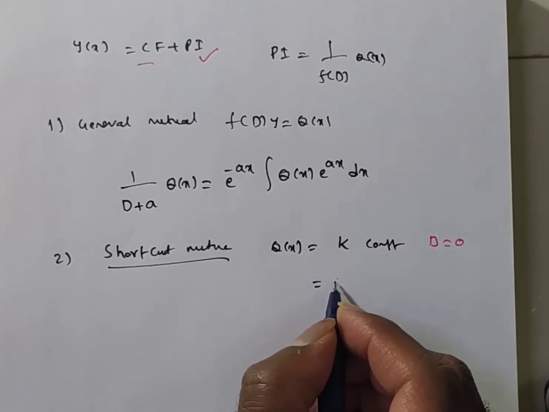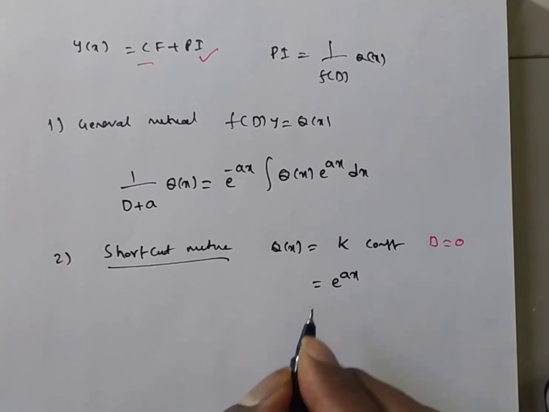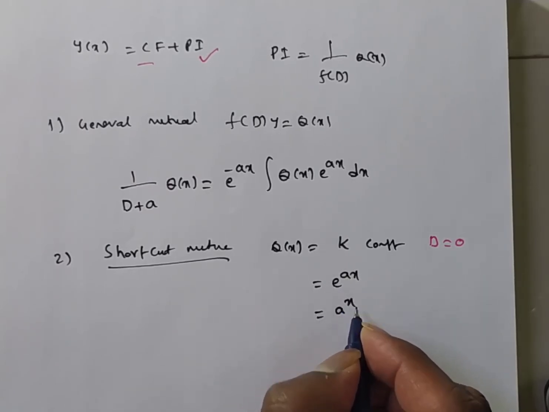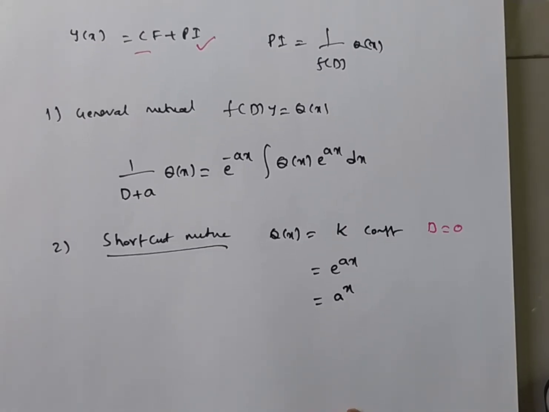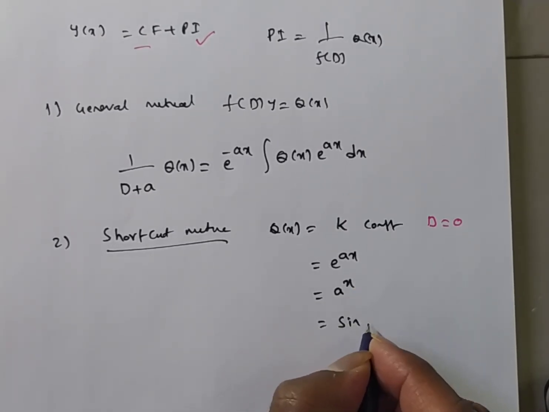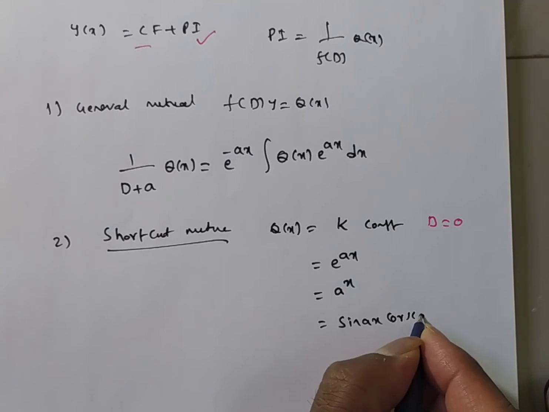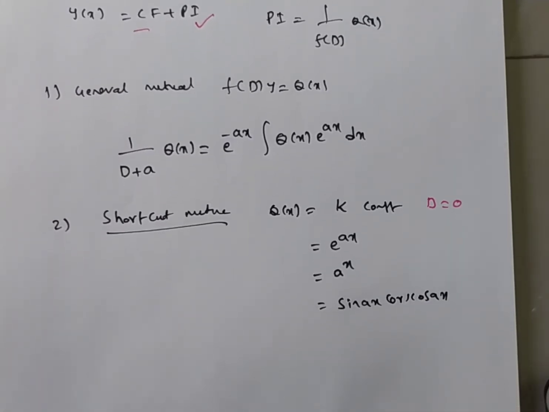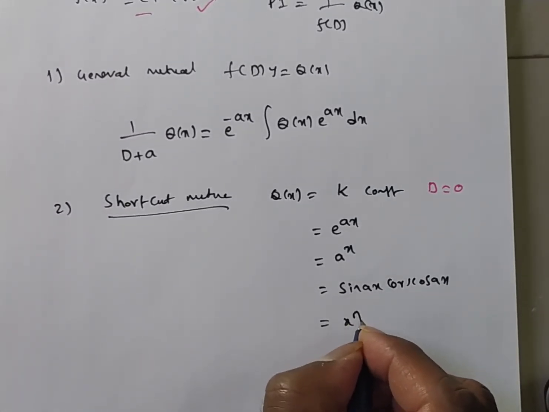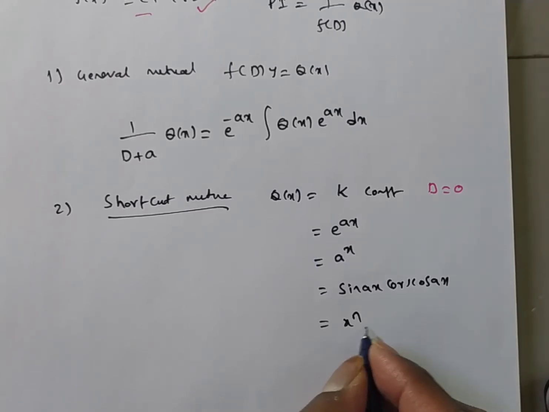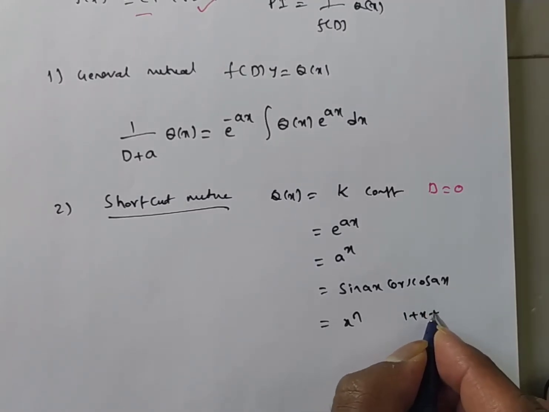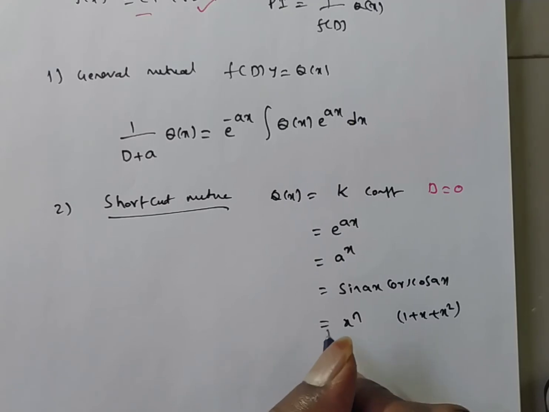Next, if it is in the form of an exponential function e power ax, or a to the power of x, we can apply the shortcut method. Next, either sin ax or cos ax, we can apply the shortcut method. Next, x to the power of n, or a polynomial expression like 1 plus x square, we can apply the shortcut method.